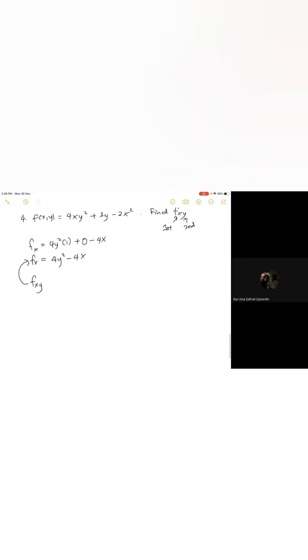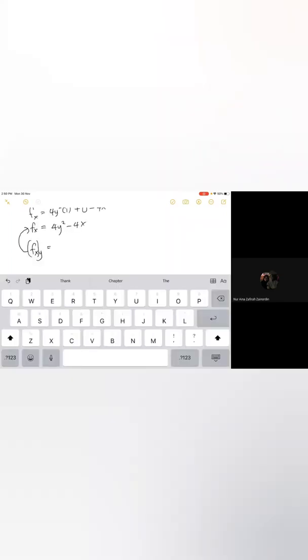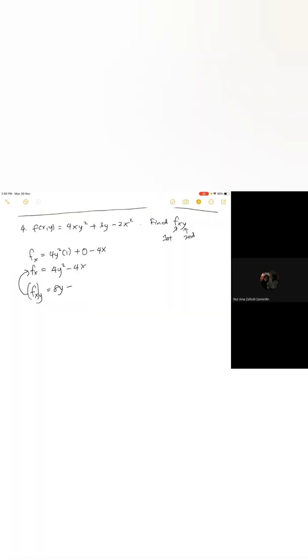Jangan ambil the original question. Okay, because means we want to differentiate fx with respect to y now. Okay, so the x will be constant. So 4y kuasa 2 will be 8y. For x will be 0. Okay, so tak masalah lah tu. So the answer will be 8y.